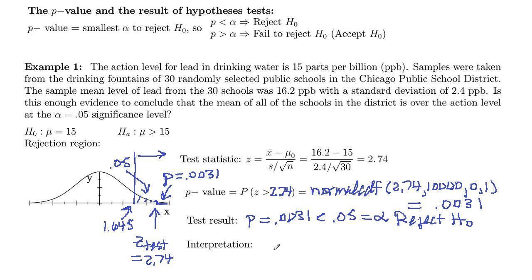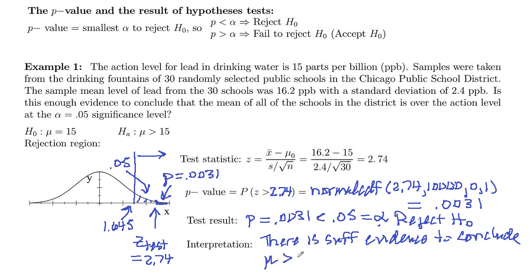And then our interpretation here is that there is sufficient evidence to conclude that the mean is strictly greater than 15, which is our alternative hypothesis.